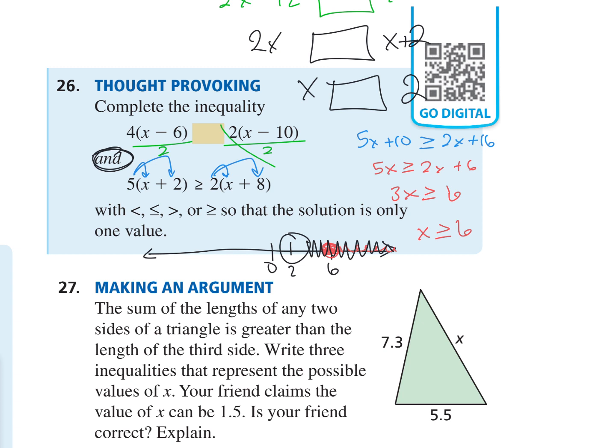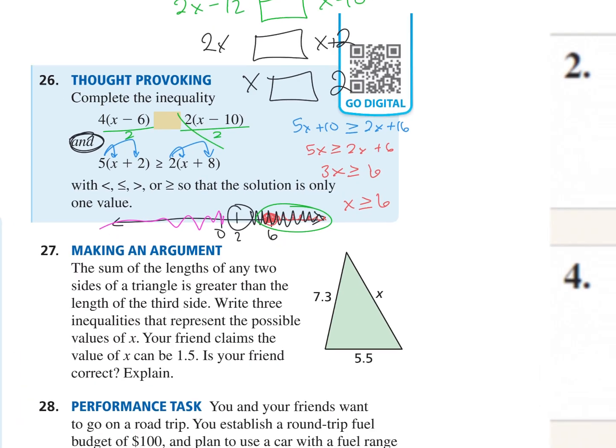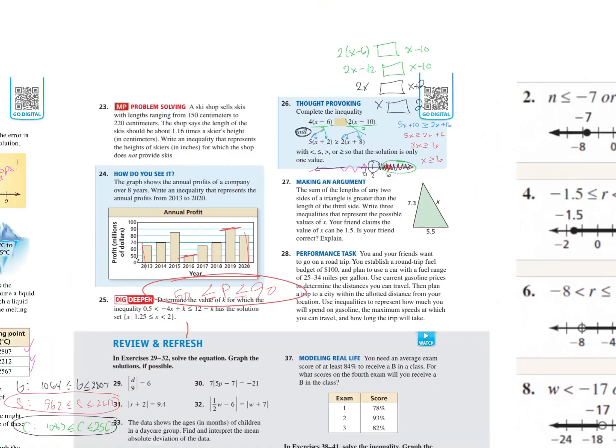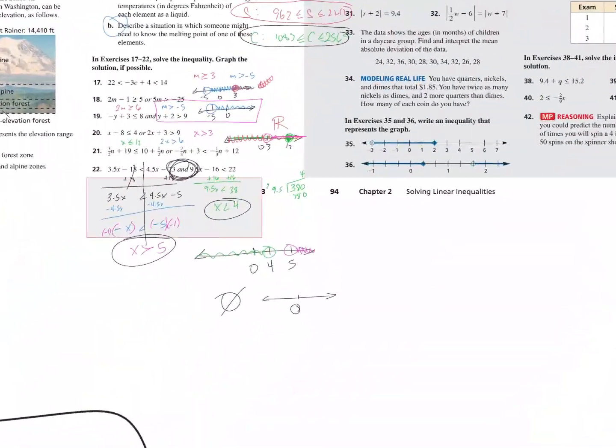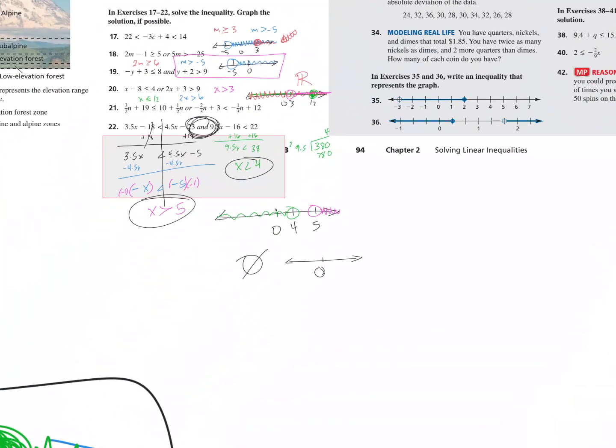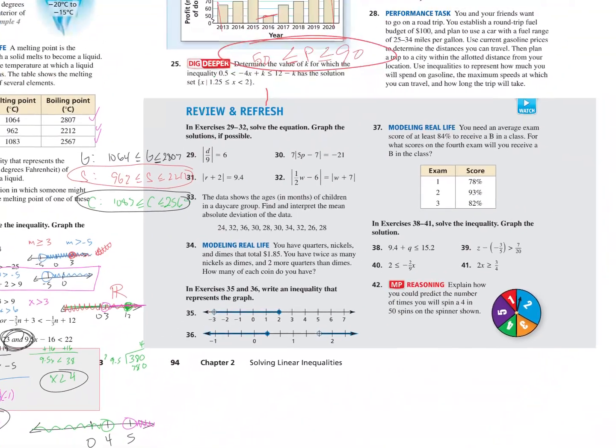So we have this red part right here. And then if we were to make this black part go this way, then what we would have is an and that was like this one. And that was no solution, which is exactly one solution. So let's go with that.